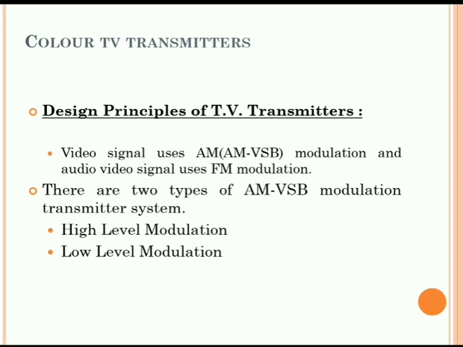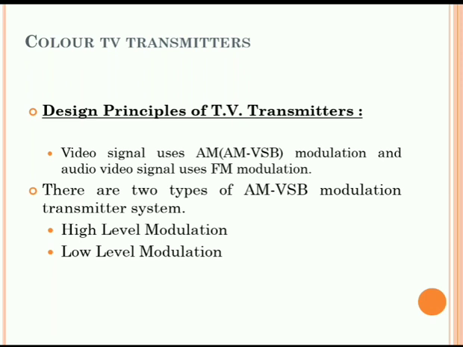Both the signals we have to modulate before transmitting to the channel or to the receiver. The video signal we have to transmit from the transmitter is amplitude modulated. In that we use VSB, that is vestigial sideband modulation, and in the audio signal we use FM, that is frequency modulation, for the purpose of transmitting that signal from transmitter to the channel.